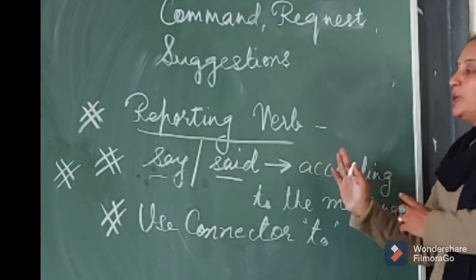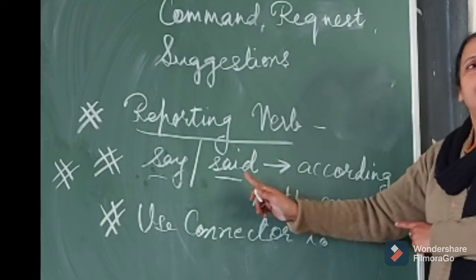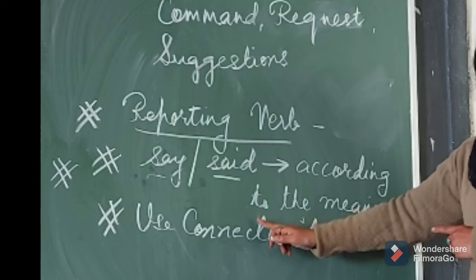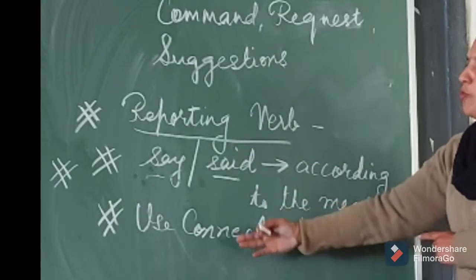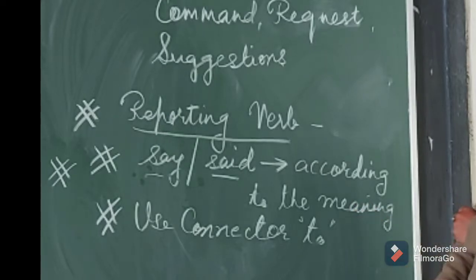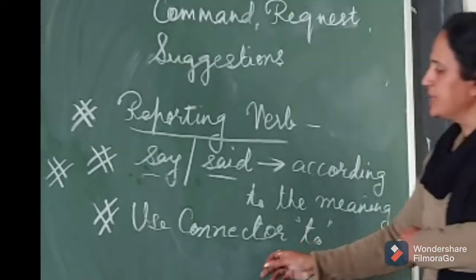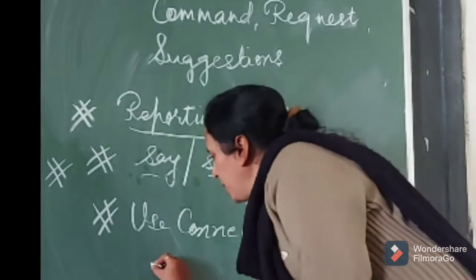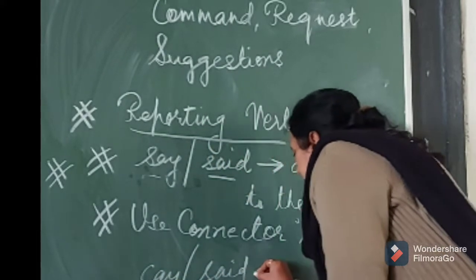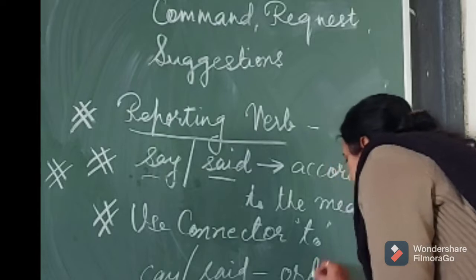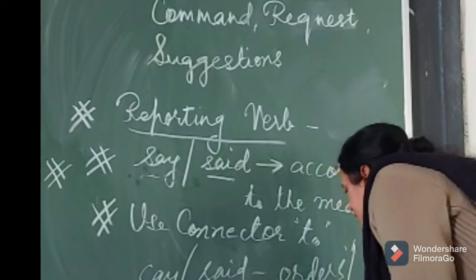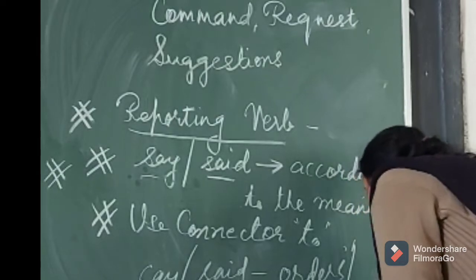You have to replace this reporting verb according to the mode of command given in the sentence. If an order is given in the sentence, then you would replace say and said with ordered.